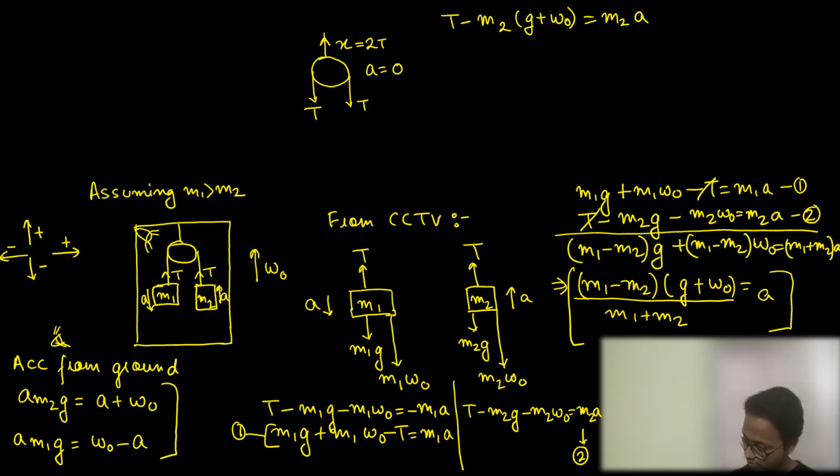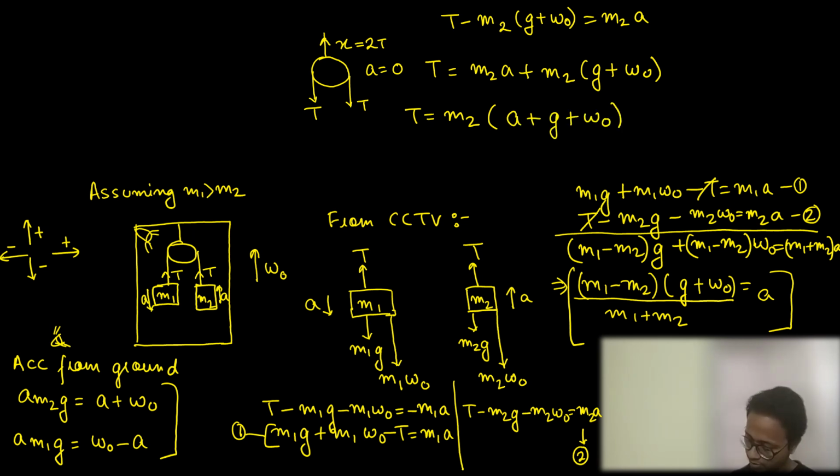So T is equal to m2a plus m2 into g plus omega naught. If I take m2 common, T is equal to m2 into a plus g plus omega naught.